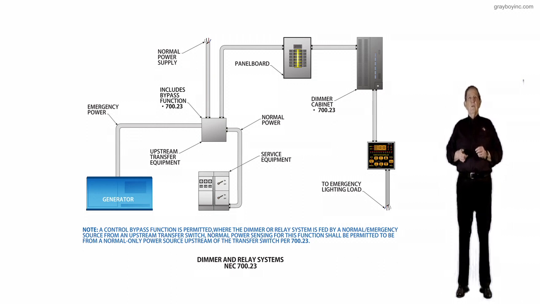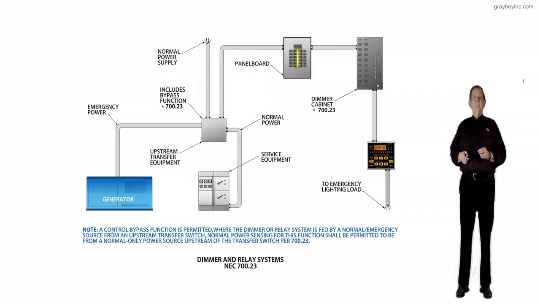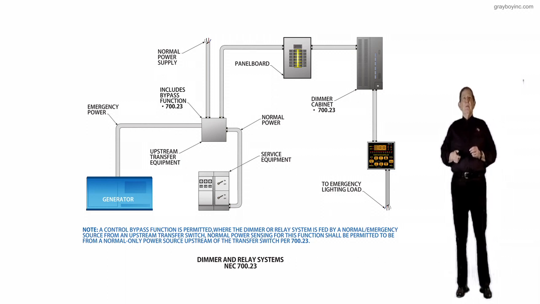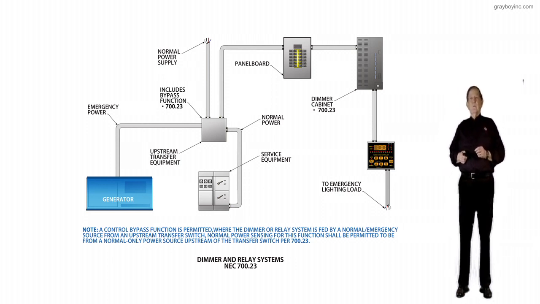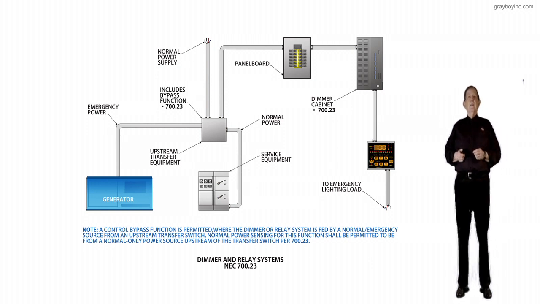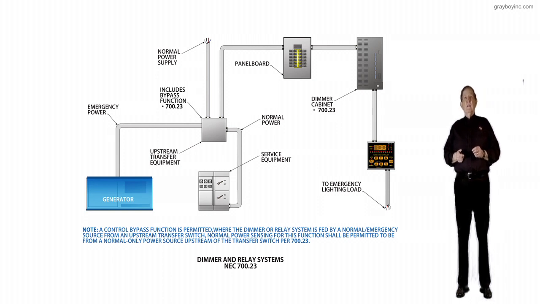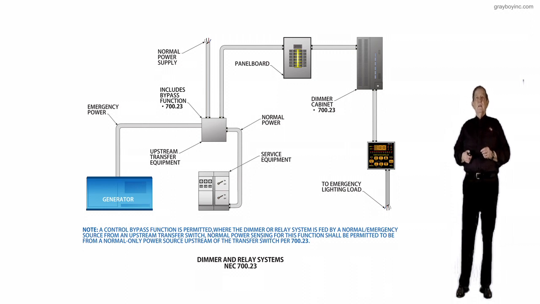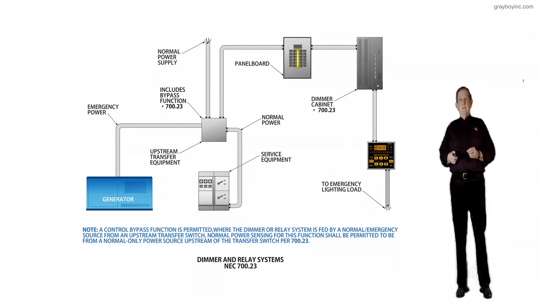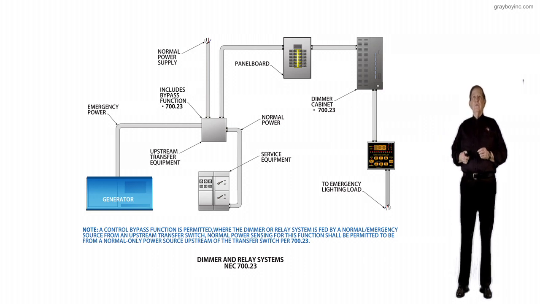First of all, let's take a look at the generator. That's an emergency power source, a 700 type generator, and 700.2 informational note. And then notice we have the upstream transfer switch. That's the bottom call out there with the arrow drawing to your switch.